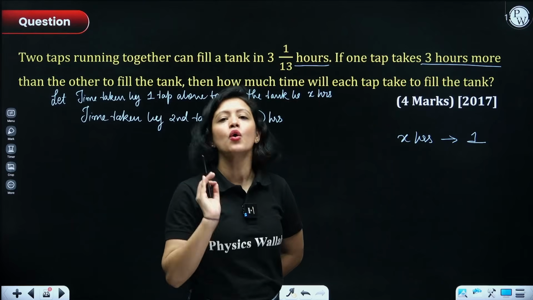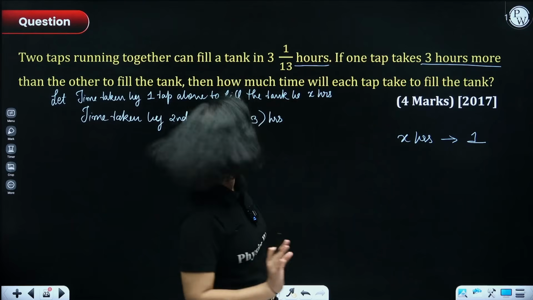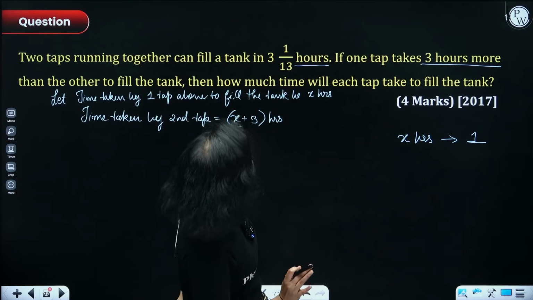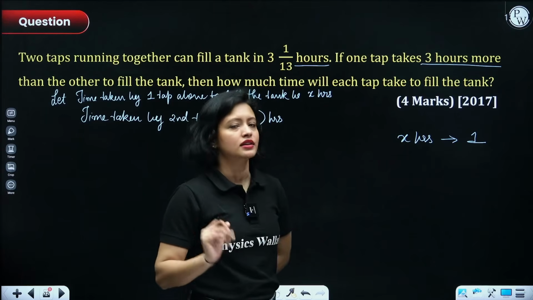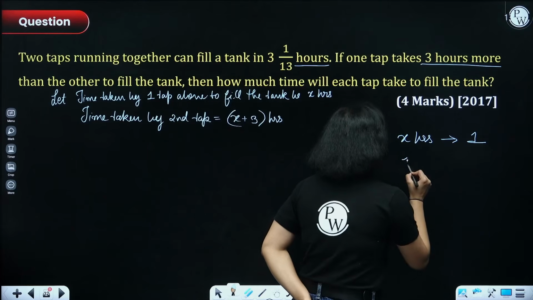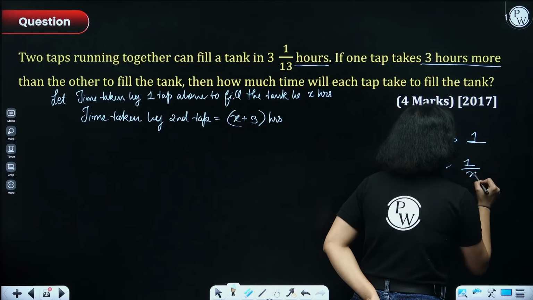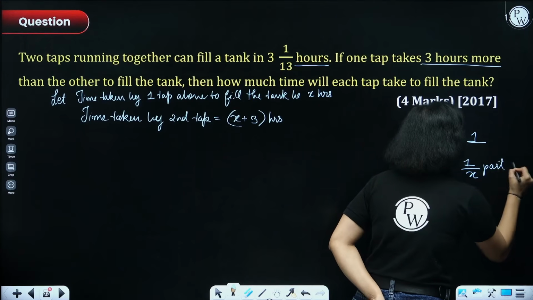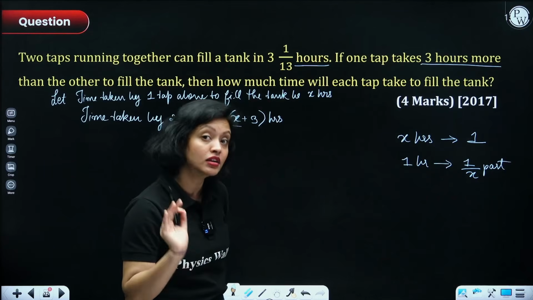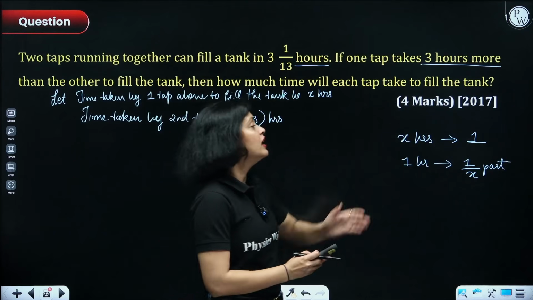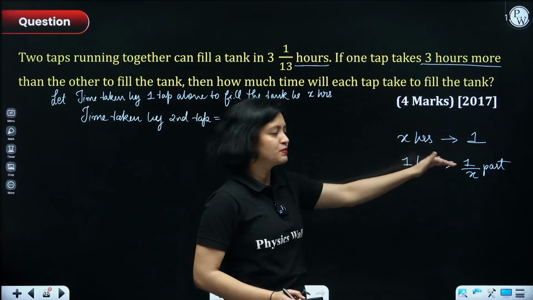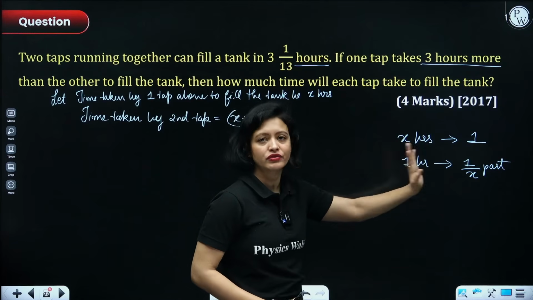Now, in 1 hour, the same tap will fill 1 by x part of the tank. Yes or no, guys? Okay, unitary method, simple. So if in x hours one entire tank is filled, then in 1 hour, 1 by x part of the tank will be filled.